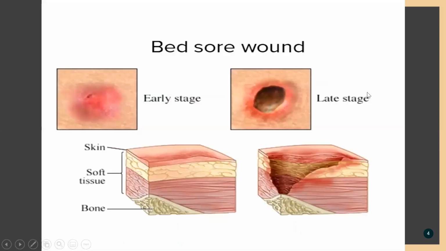Especially bed sore wounds. A lot of bed sores happen in hospitals because patients stay in bed too long. It starts as small water pimples, then ends up with a small mold that keeps eating inside.